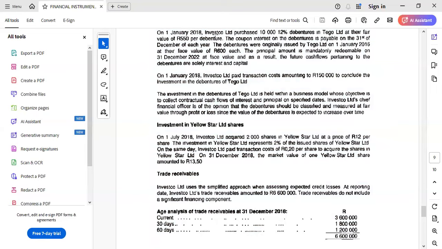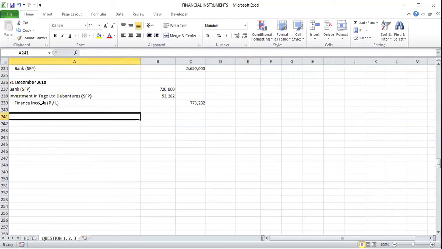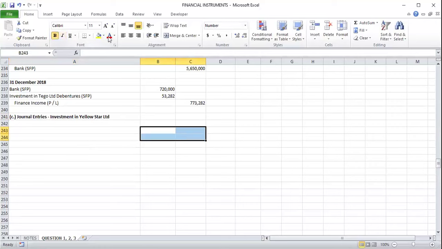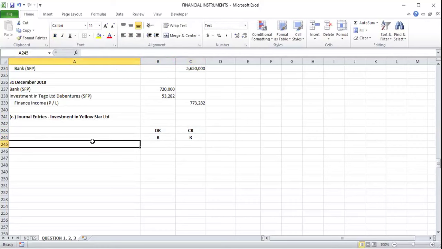And since I've said it's through profit or loss, we debit our investment in Yellow Star Limited shares.